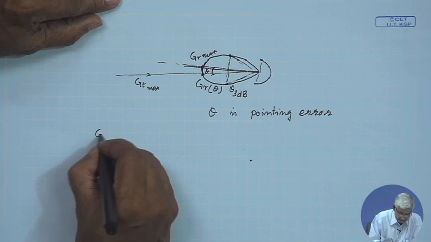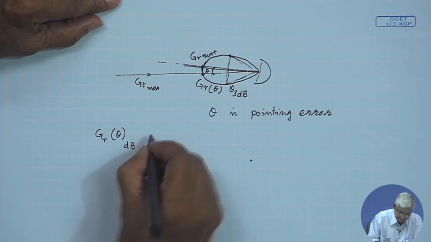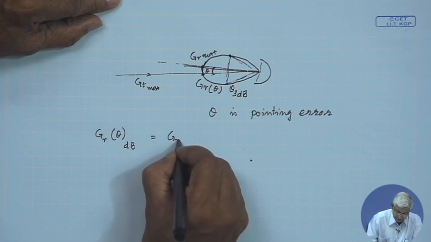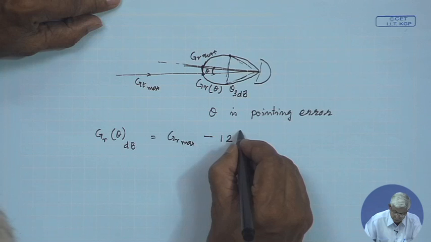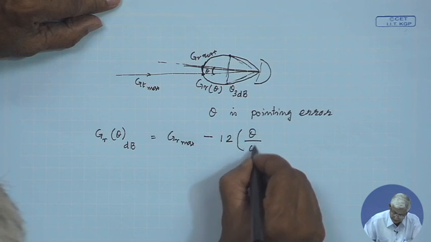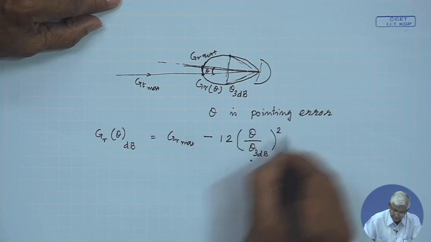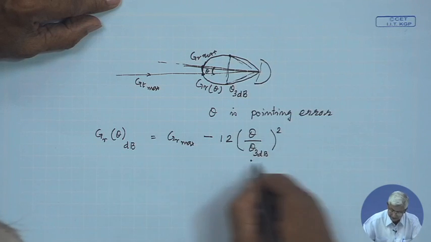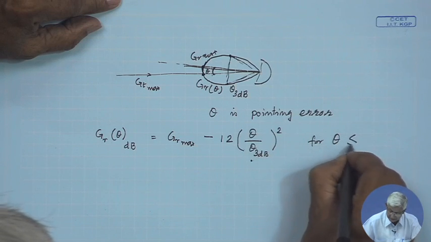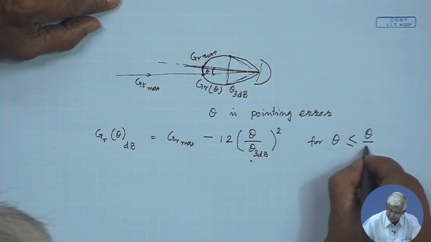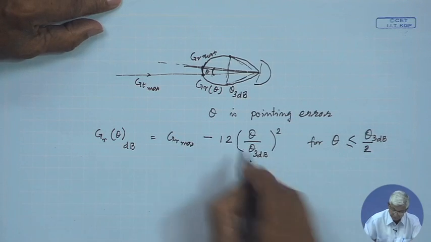This model says that GR theta value in dB is GR max value minus 12 times theta by theta 3 dB square. Now, this part is valid for theta less than or equal to theta 3 dB by 2, for small angle.